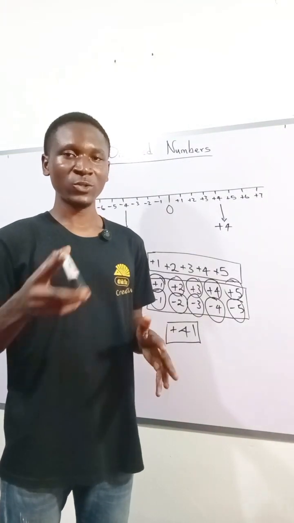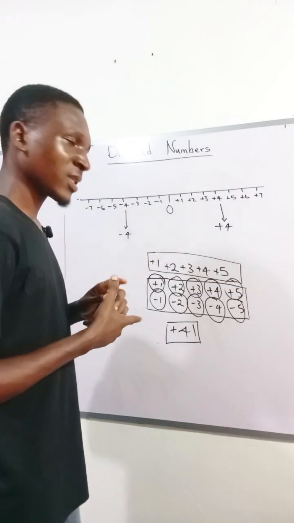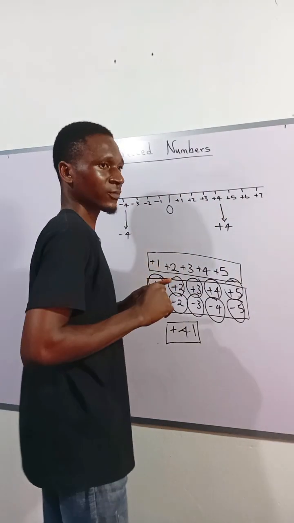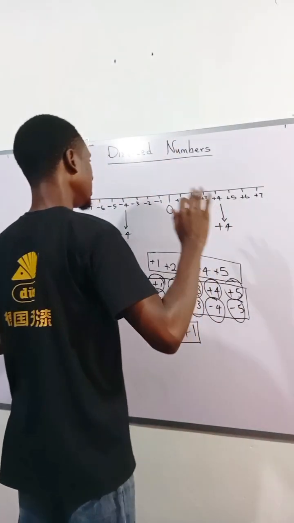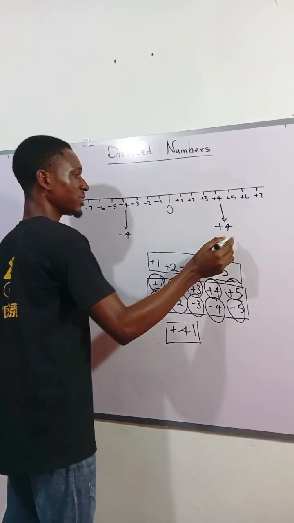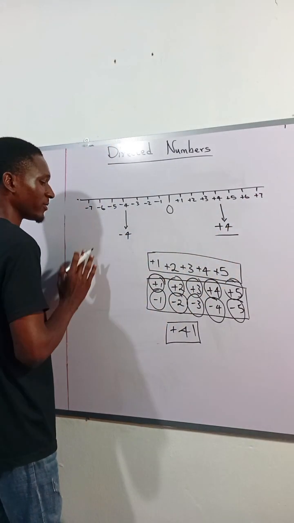Now, there is a rule you should know. When you want to compare two different numbers like this, the number at the right hand side is always bigger. Okay? The number at the right hand side of the number line is bigger. That is, +4 at the right hand side is bigger than -4 at the left hand side.